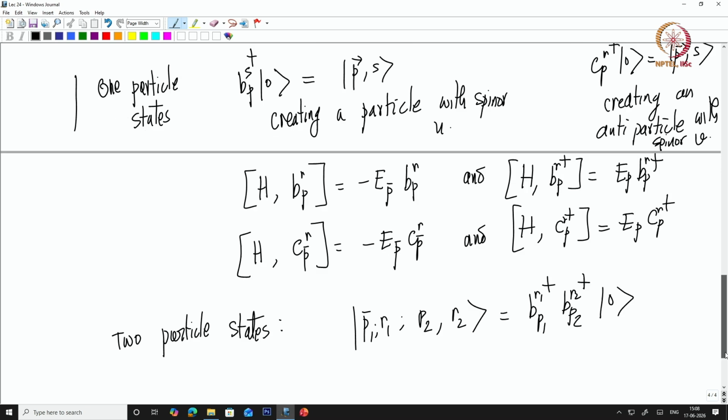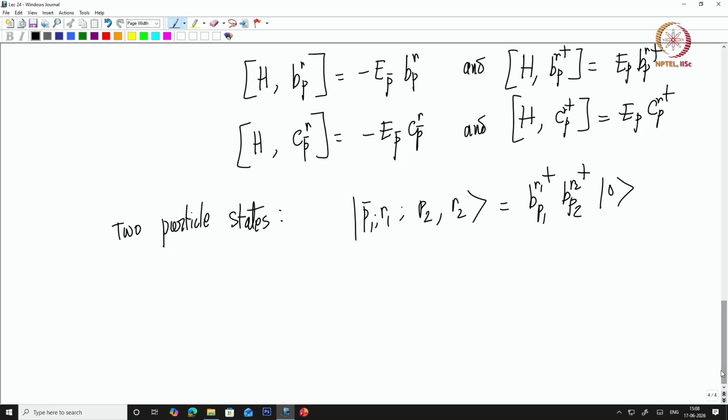Now what if I exchange p1 and p2? This should pick up a minus sign. So this will give me minus the state with p2 r2, p1 r1. This is obvious because you have anti-commutation relations.